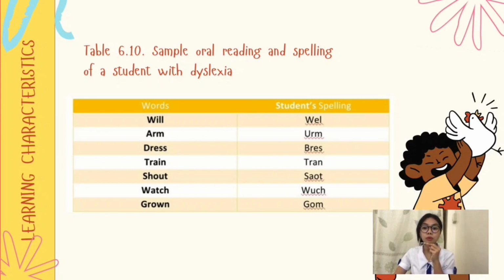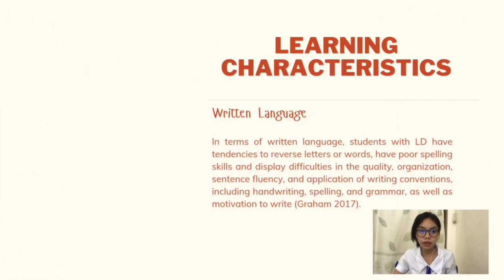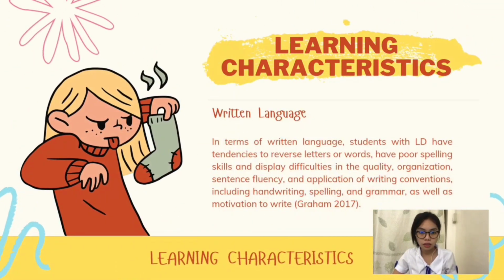And grown becomes gum. So based on this sample, students with dyslexia don't really have phonological awareness. The equivalent of each word is wrong when they spell it.